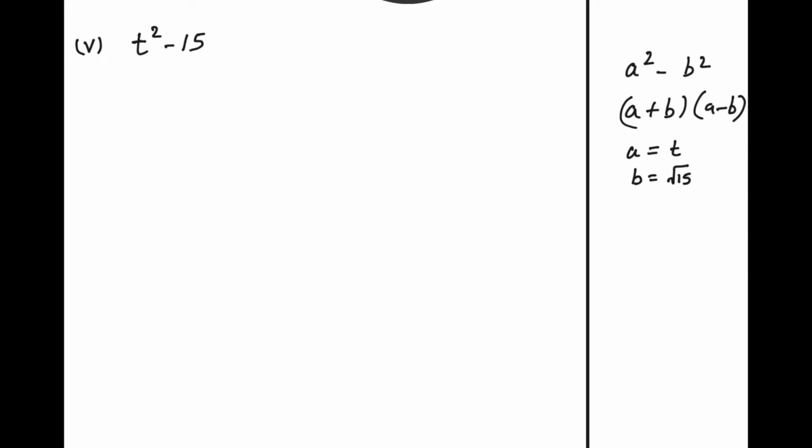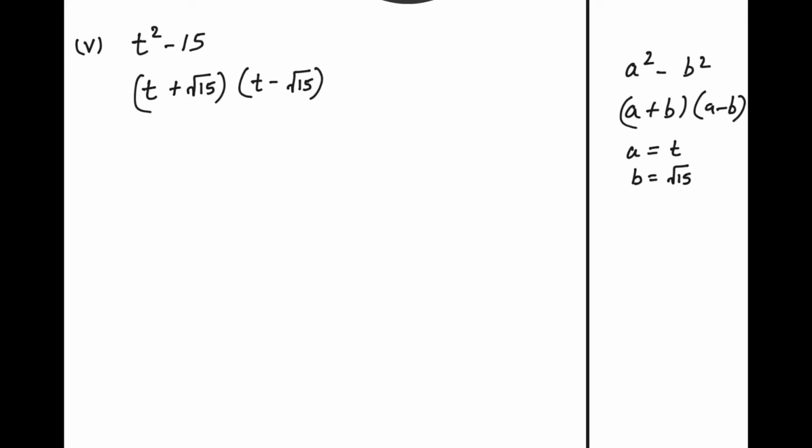We know that t is a, so we'll write t, and b is square root of 15. So the way we would write it here is t plus square root of 15 into t minus square root of 15. This is the way we would factorize this polynomial.